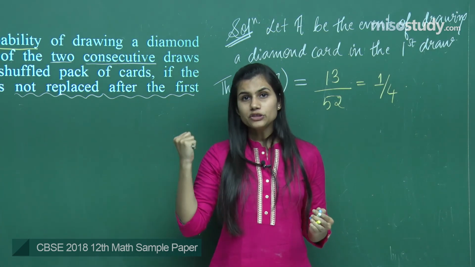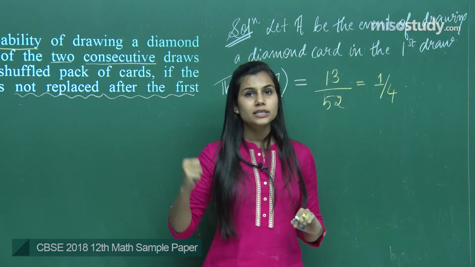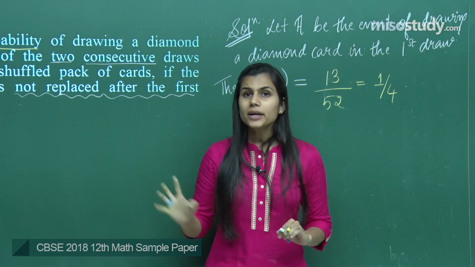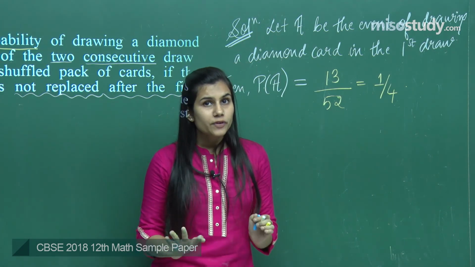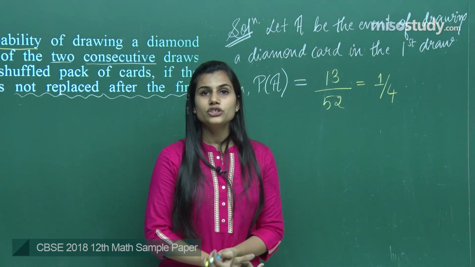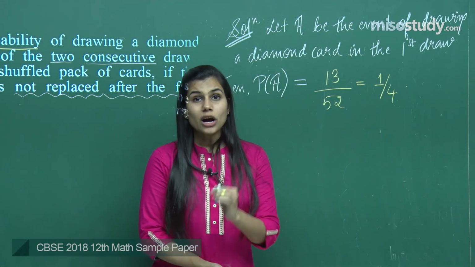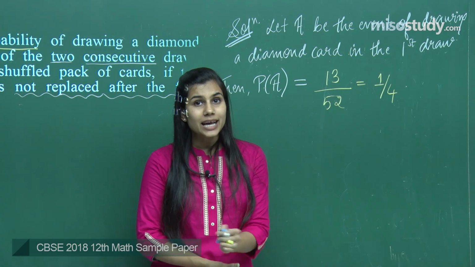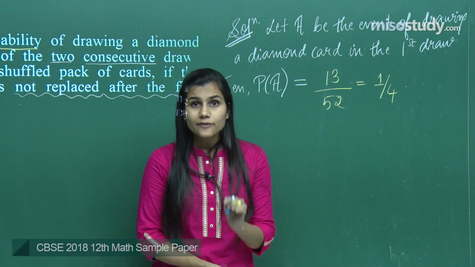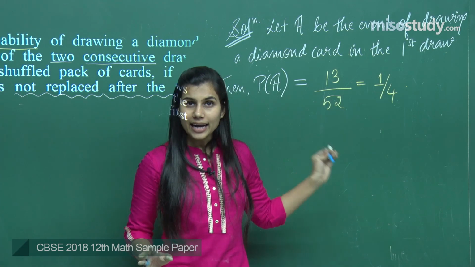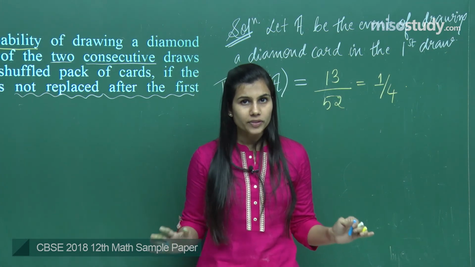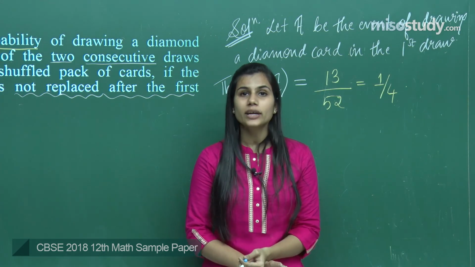Now, the moment the first card is drawn, you are left with 51 cards, and again you wish to draw a diamond card. So now you have favorable outcomes as 12, because we have already been done with event A. At that time there were 13 possibilities of drawing a diamond card.